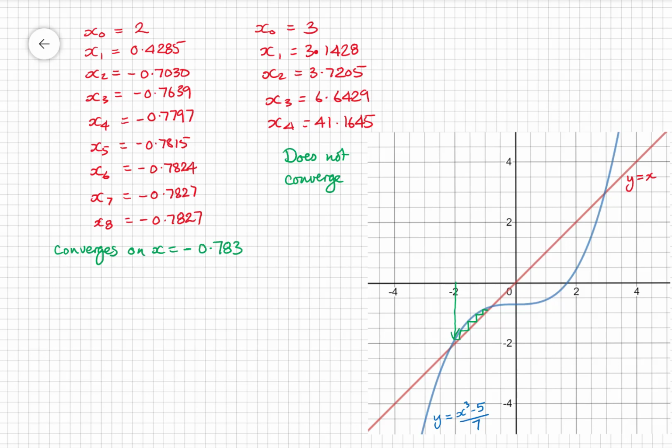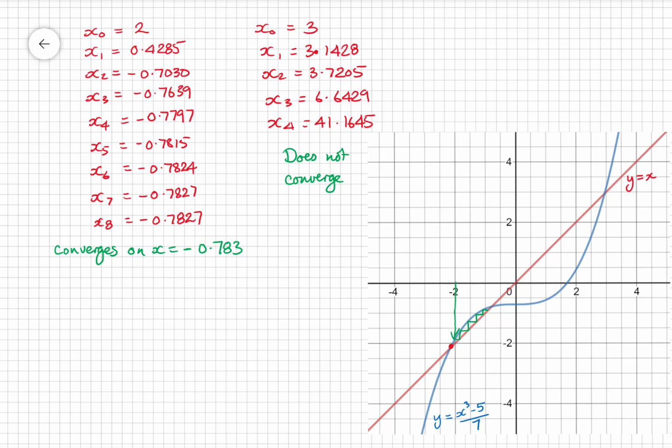Even though our initial value of minus 2 is very close to one of the roots, minus 2.166, in this case any starting value that is just above that value will converge on that middle solution of minus 0.783.